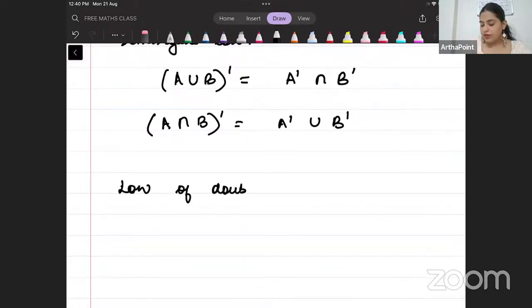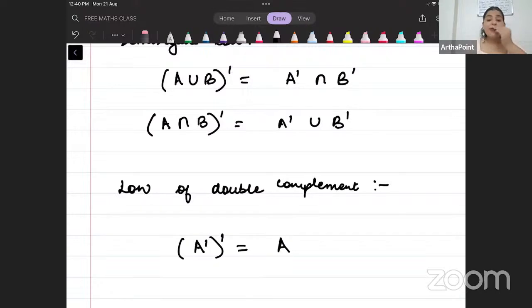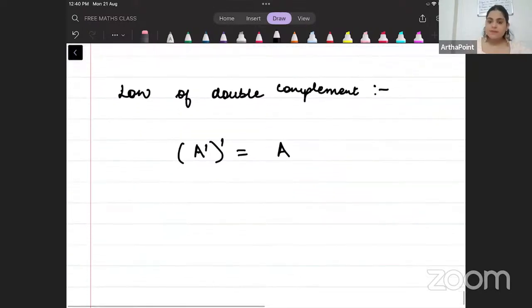Law of double complement. I have already proved this. What does this say, beta? (A complement) complement is A. When you go ahead and find the complement of A complement, that is A itself. Okay. The last property says the complement of null.